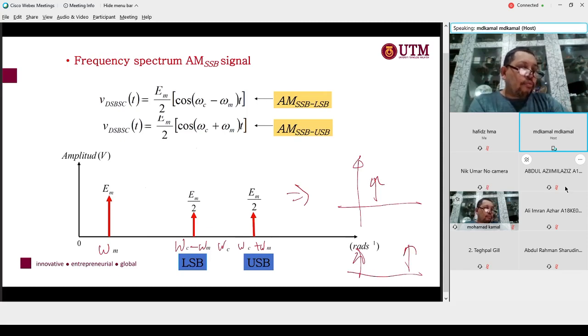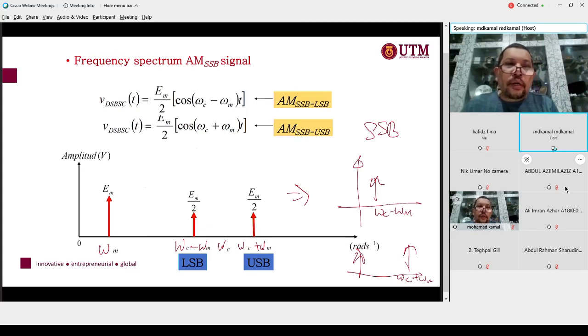The rest, no. So this one will be omega c minus omega m, or omega c plus omega m. So this is what we call the single sideband. Okay, all right. I think everybody is happy with that.